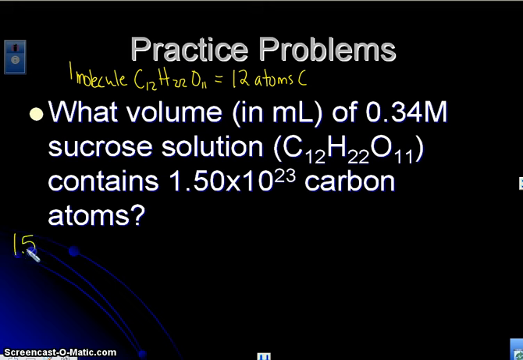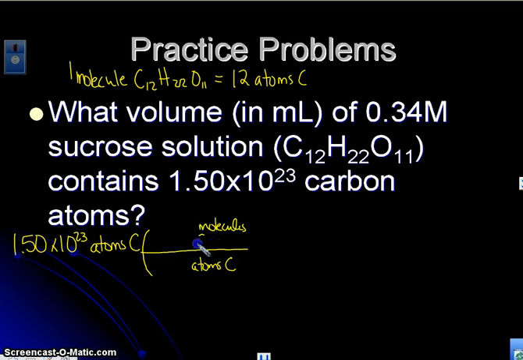We've got 1.50 times 10 to the 23rd atoms of carbon, and we want to go from atoms of carbon to molecules of C12H22O11. In one molecule of sucrose, we have 12 atoms of carbon. Now that we've got our atoms canceled, we have molecules, and we already know how to go from molecules, not straight to volume, but to moles first.